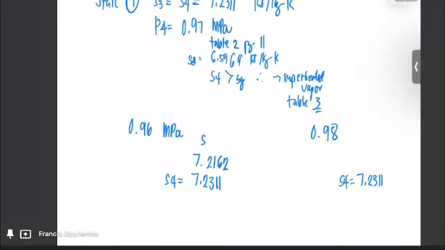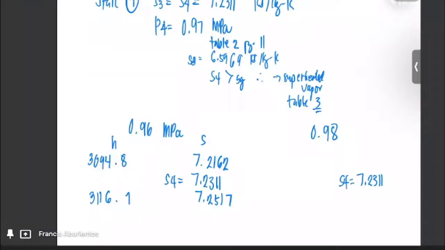2162 and 2517. Yung gagawin mo, make use of the H. We have 3094.8, 3111.1.